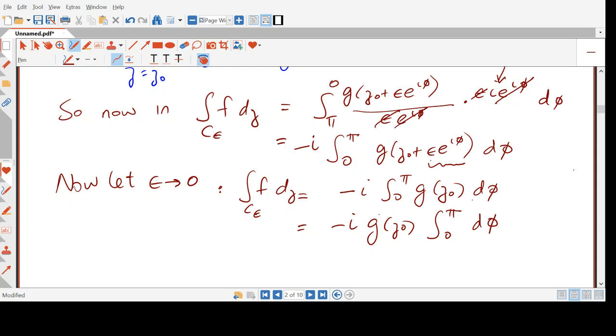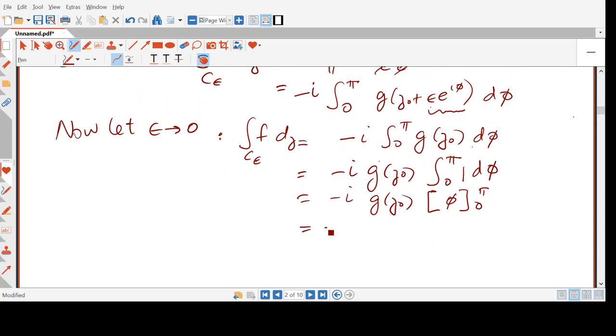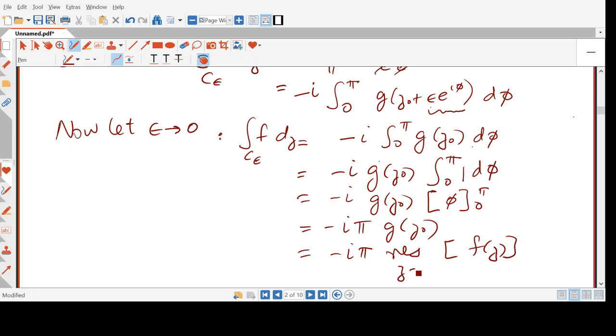So if we carry on, it's minus i g of z naught, and the integral of 1 d phi is phi, from naught to pi. Effectively, you get minus i pi g of z naught. But if you look above, you will see that this is actually the residue of f of z at the point z equals z naught.